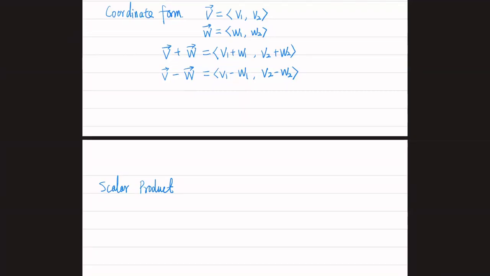Then we introduce another one, the scalar product. So give it now a number. It's called a scalar. No direction, only magnitude. Let's forget about this. It's just a number.